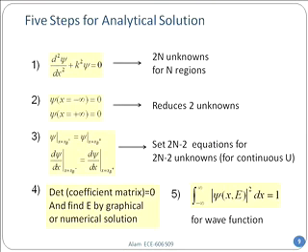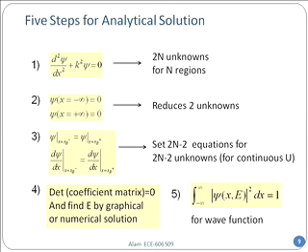Now, the first thing you will notice in the solution of these problems is that we will divide the potential, often in the periodic potential, into 2n regions, and that will give us 2n unknowns. You'll understand in a second. We'll use the boundary conditions at plus and minus infinity.